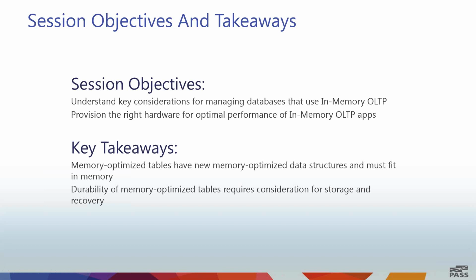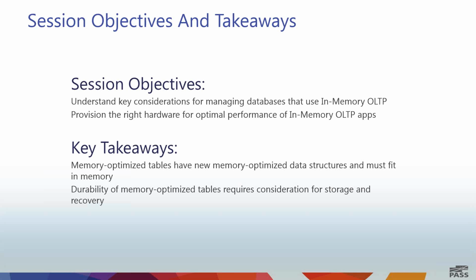So let's go to the next slide. To reiterate, the key takeaway here is that the new tables and indexes have completely new data structures. So don't think about B-trees and how you used to maintain them, and how you had pages for rows and pages had fragmentation.